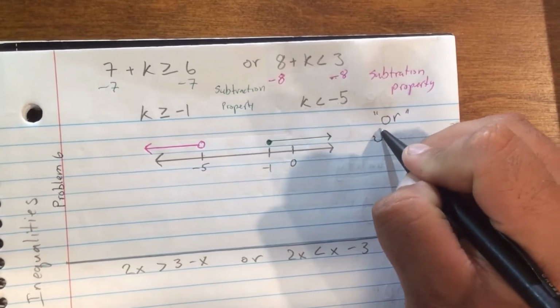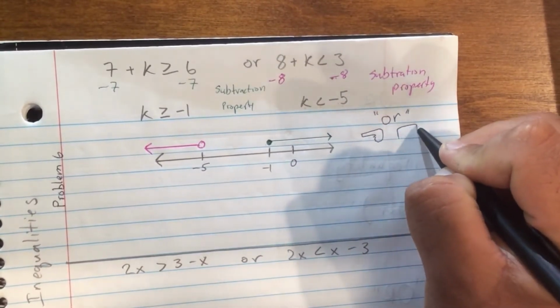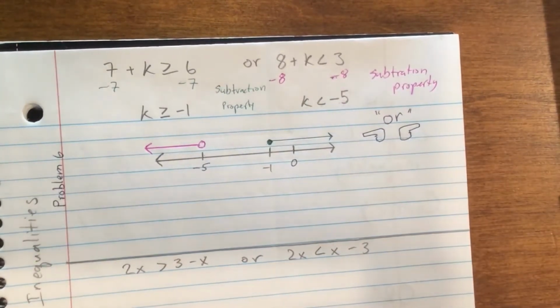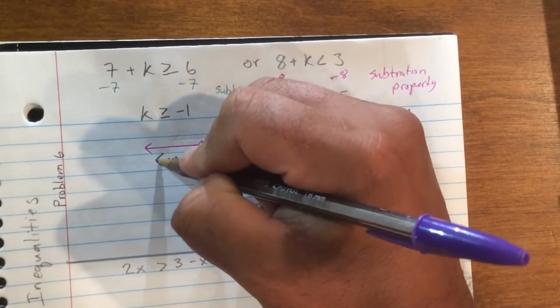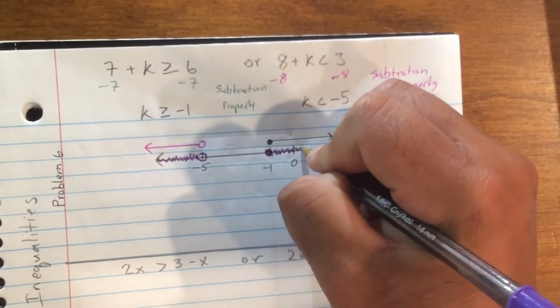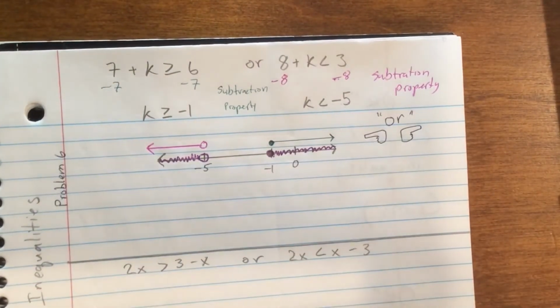You draw your little hand going that way, and then the other little hand this way. So that's the or. Okay, so we'll shade this in here. We have an open circle here, and it goes this way. Or we have the -1 here going positive. This or this is both answer.